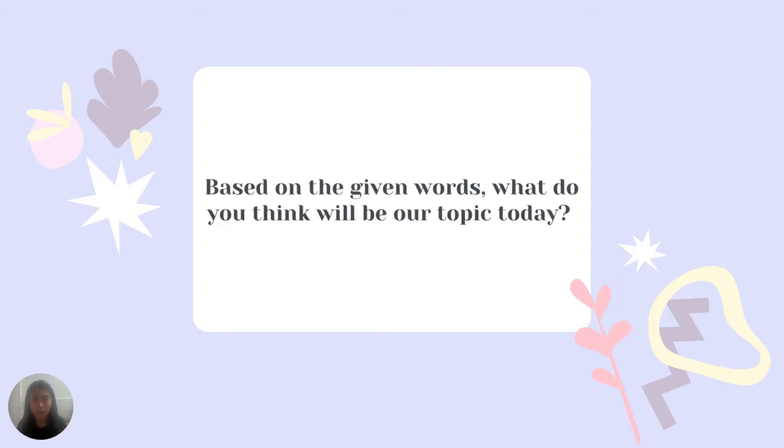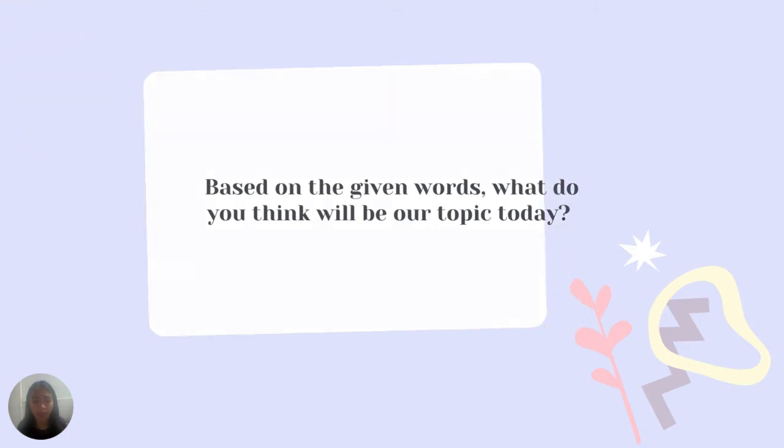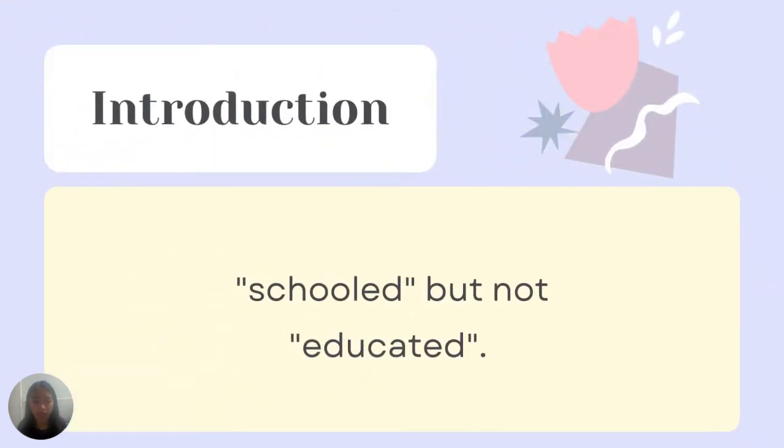We have heard people say this phrase, schooled but not educated. This statement points to the fact that much of what has happened in the education process was focused on cognitive development.